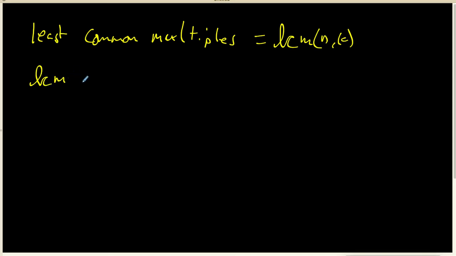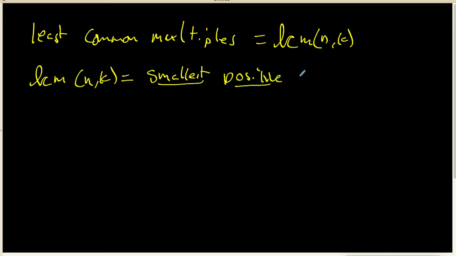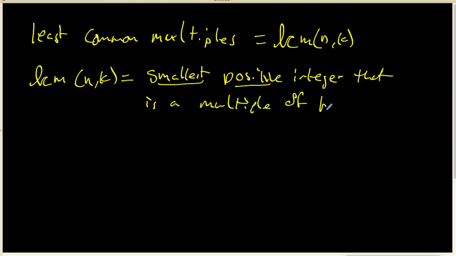And the LCM of n and k is defined to be the smallest positive integer that is a multiple of both n and k. Actually, technically, I should change that positive to non-negative. And we'll see why in just a minute.